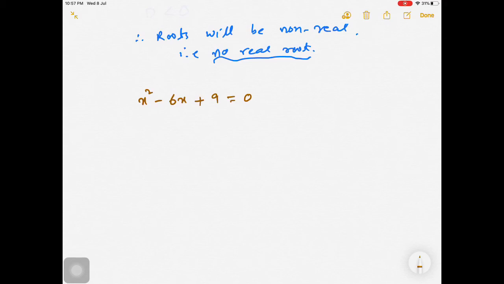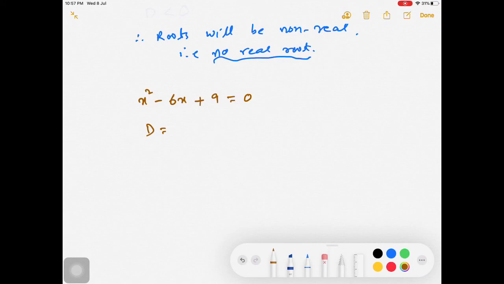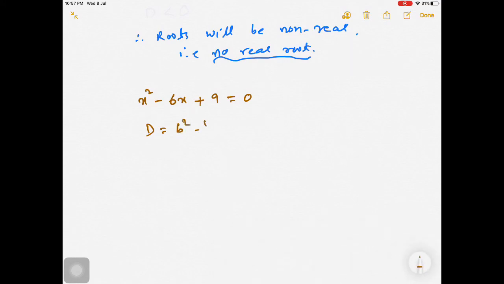In this equation, the value of D is b square minus 4ac, that is equal to minus 6 square minus 4 into 1 into 9, that is equal to 36 minus 36 equals 0.